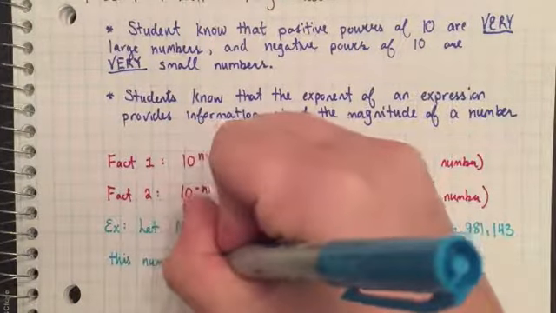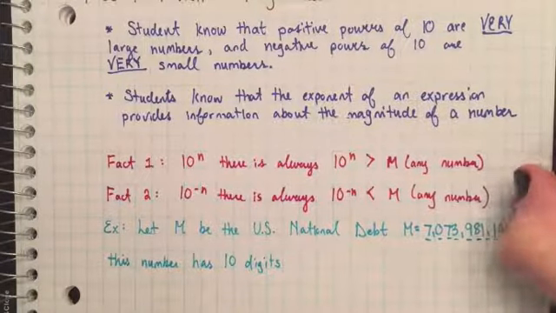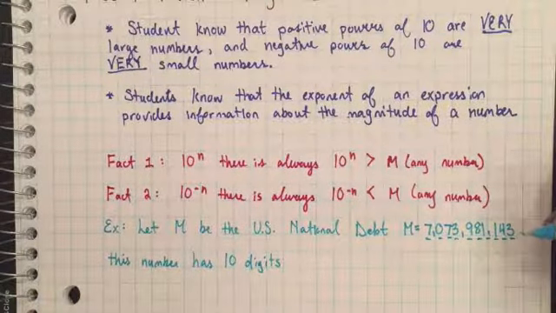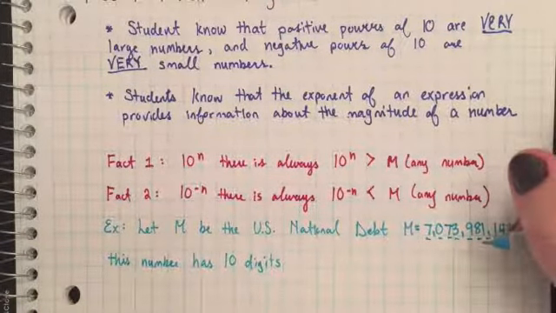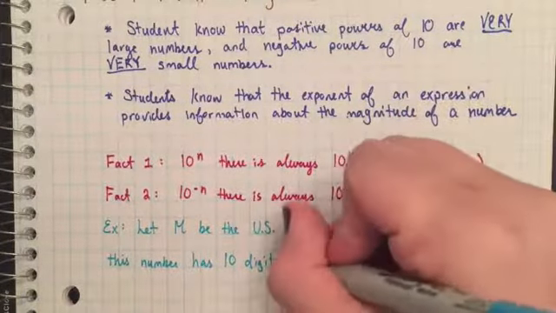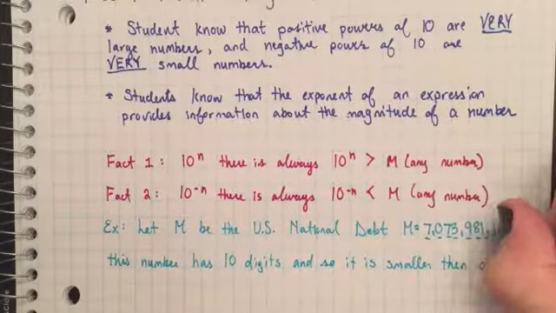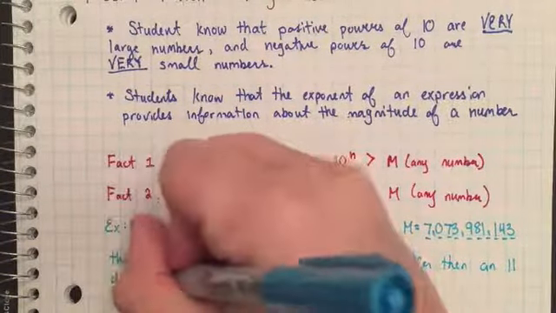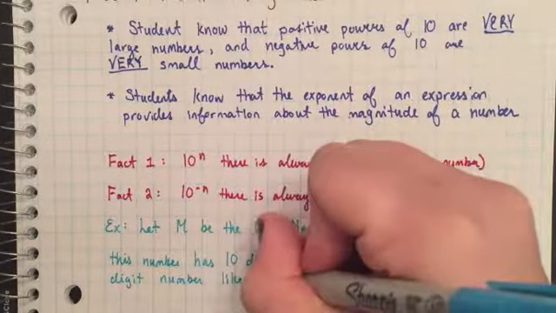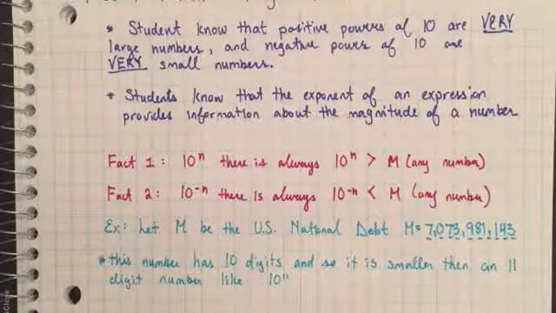Now that number has 10 digits: 1, 2, 3, 4, 5, 6, 7, 8, 9, 10. And so I know that it's smaller than an 11-digit number, like 10 to the 11th power.